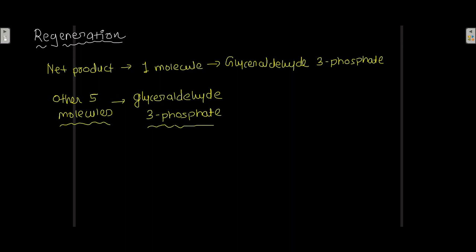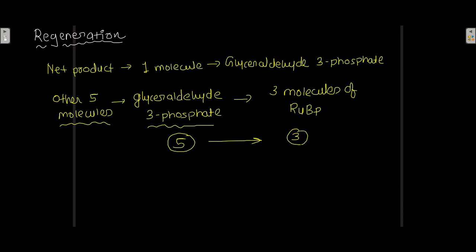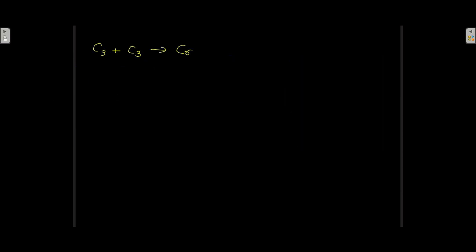Now what happens to these 5 molecules? These 5 molecules of glyceraldehyde 3-phosphate are converted back to 3 molecules of RuBP. So this is how the regeneration takes place.